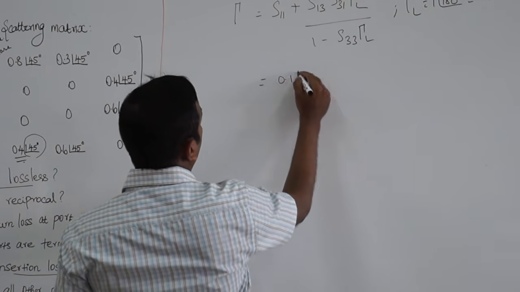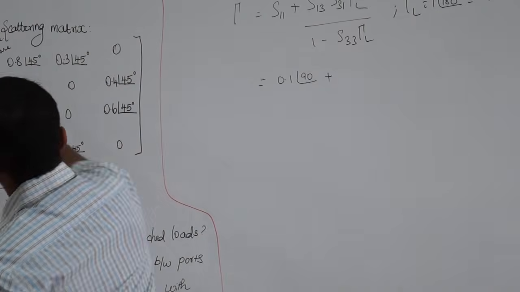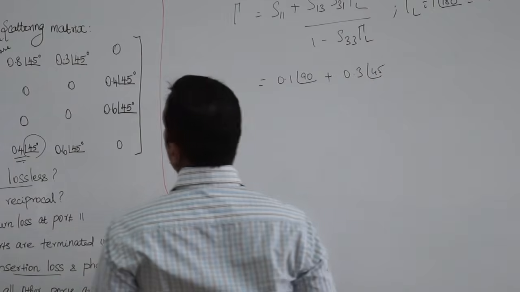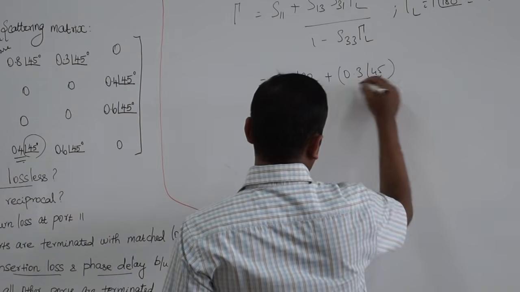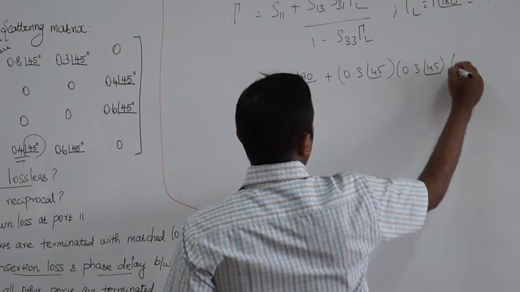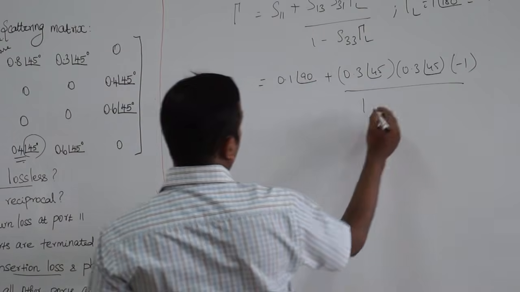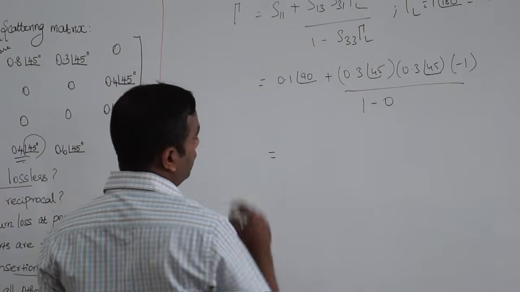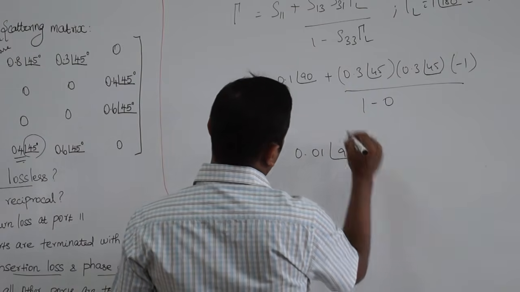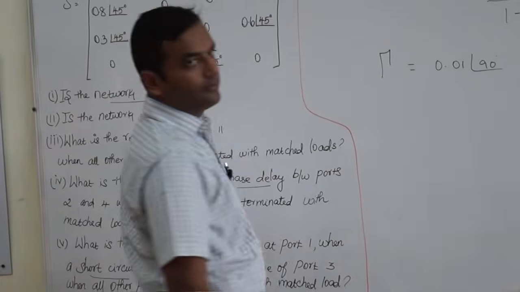S11 is 0.1 angle 90, plus S13 is 0.3 angle 45, S31 is again 0.3 angle 45, gamma L is minus 1, divided by 1 minus S33, which is 0, times minus 1. If you solve this, you will get the answer 0.01 angle 90, which is your gamma, the reflection coefficient.